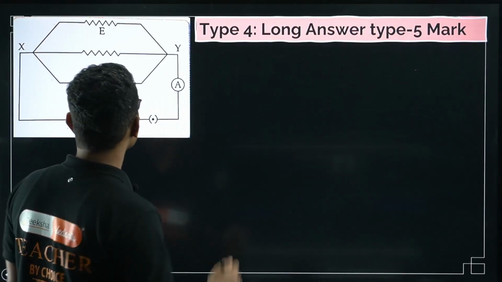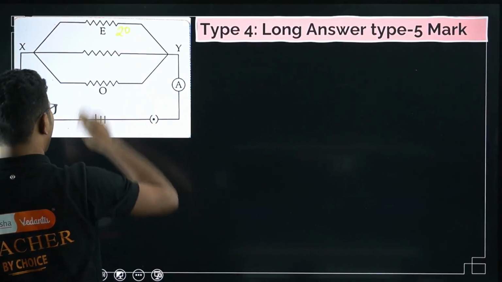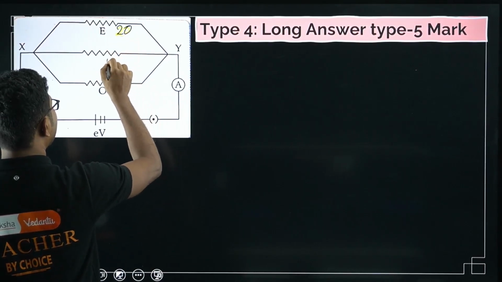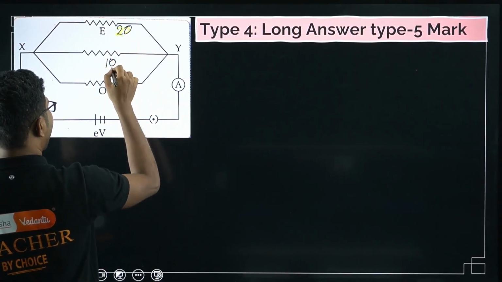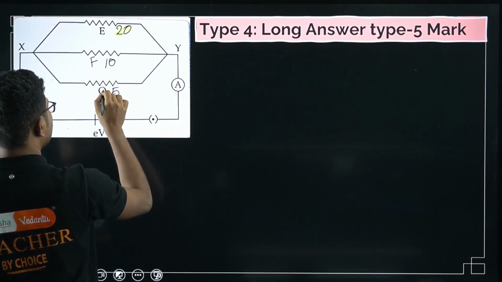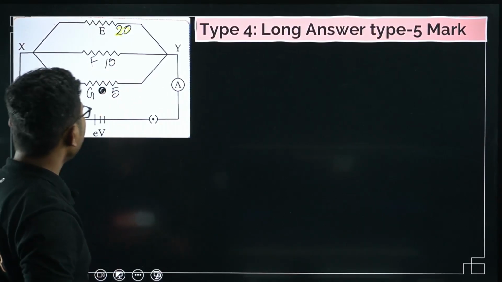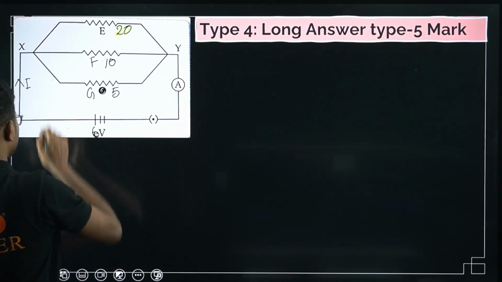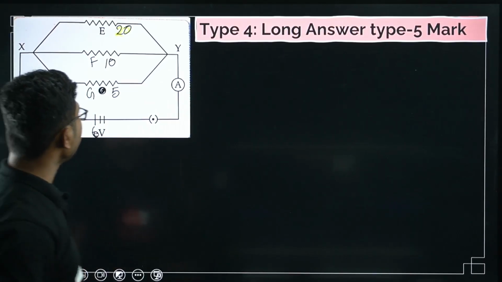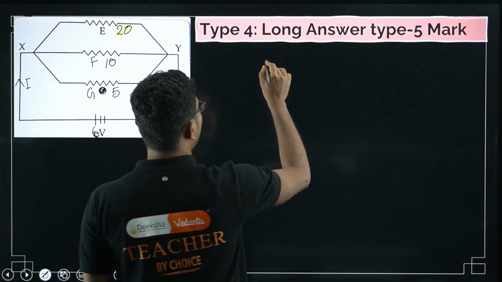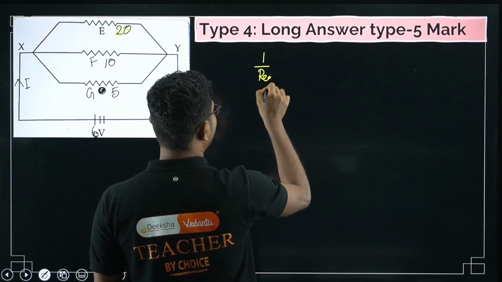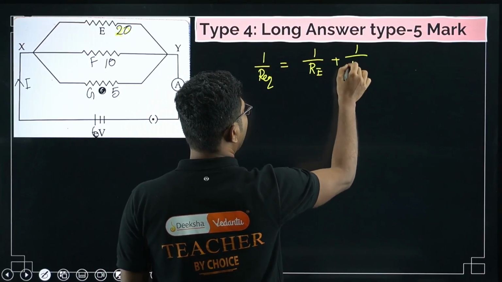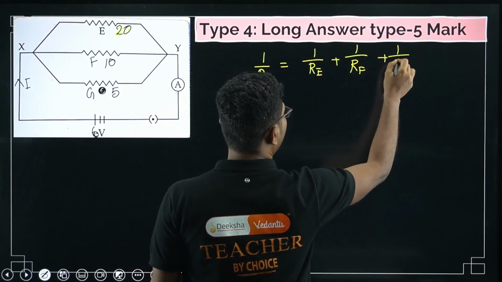Here this is 20, this is 10, and this is 5. E, F, and this is G. So this is 6 volts. We are trying to find the total current in the circuit. So how to solve that? We will find the total resistance. 1 by REQ equals 1 by RE plus 1 by RF plus 1 by RG.